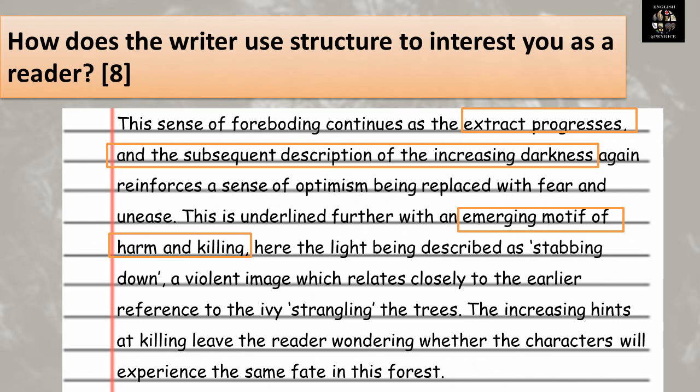So this sense of pessimism and fear that's emerging, this idea that violence and killing and harm is being referenced more and more often as we read through the extract, and also the effect on the reader as we wonder whether these references to killing and attack actually foreshadow the characters' own demise, perhaps. Okay, so that's the opening half of my answer to this question.